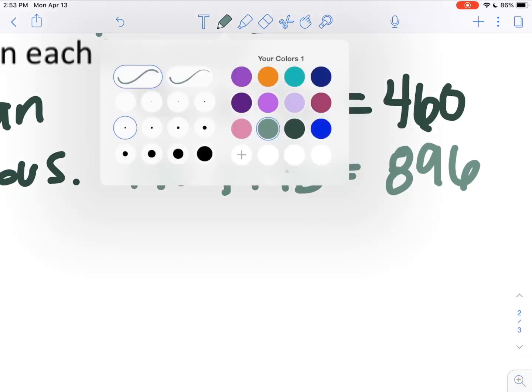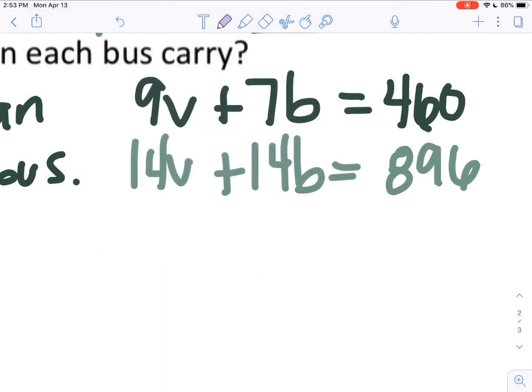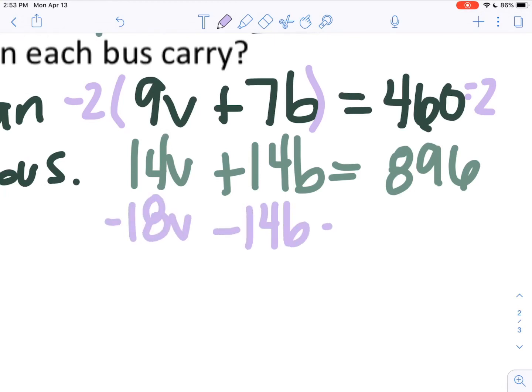Okay, now in this situation, again, you could use substitution. In this case, I'm going to go ahead and do elimination again, and I'm going to eliminate the b's. So I'm going to multiply this top equation by -2. So I get -18v minus 14b equals -920.